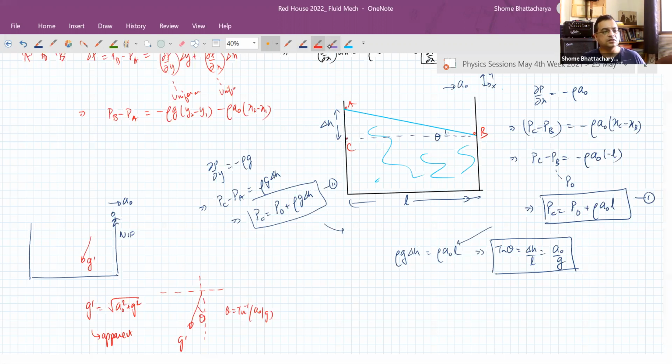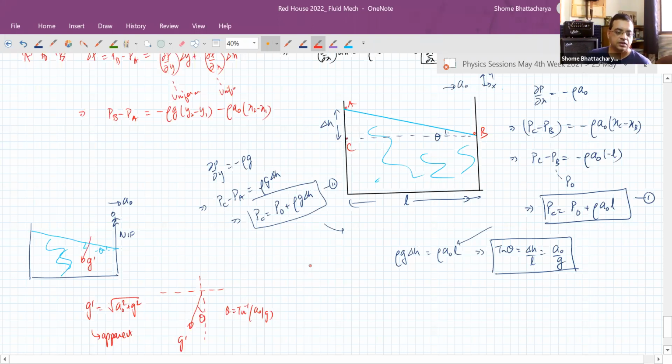So what happens is that the surface of liquid here is going to be inclined at 90 degrees with respect to G prime. And that is why the pressure gradient will have a horizontal component as well as a vertical component, because your effective gravity G prime has a horizontal component of A naught, pointing along the negative X direction.